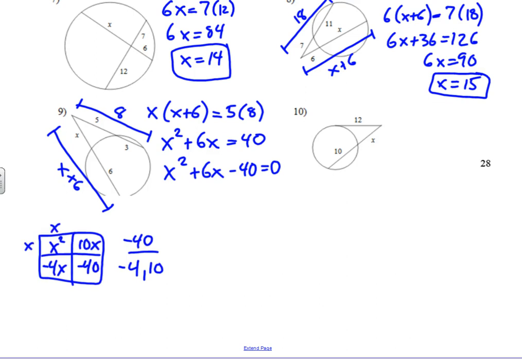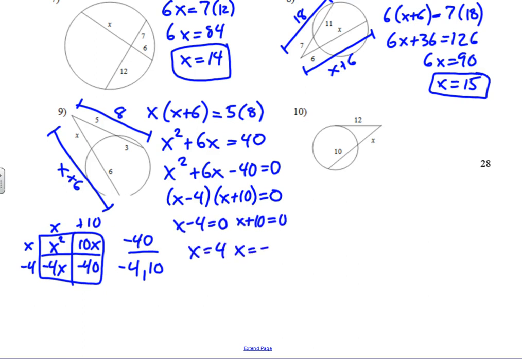So this would be x minus 4, x plus 10 equals 0. So x minus 4 equals 0, x plus 10 equals 0. So x equals 4, and x equals negative 10. We're going to reject the negative because it's a distance, and you can't have a negative distance, and therefore x equals 4.